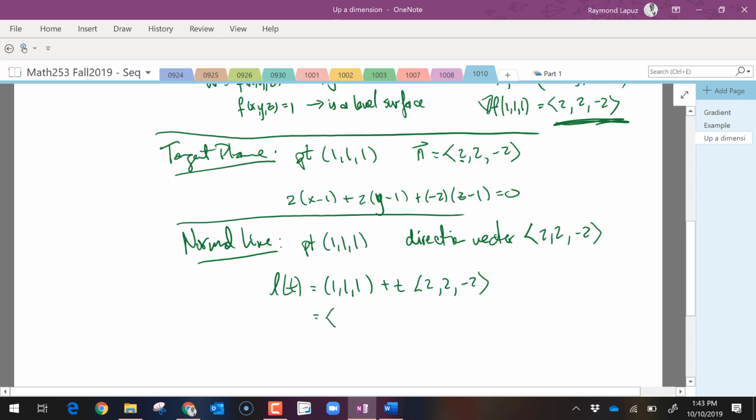So that's going to be x is equal to 1 plus 2t, y is equal to 1 plus 2t, and z is equal to 1 minus 2t. Okay, so that's my function. If I let t go from 0 to 1, it's really going to be just that vector. If I let it go from 0 to 2, it'll be going in the same direction. And if I let it go negative, then I'll go backwards. So let's take a look at that.